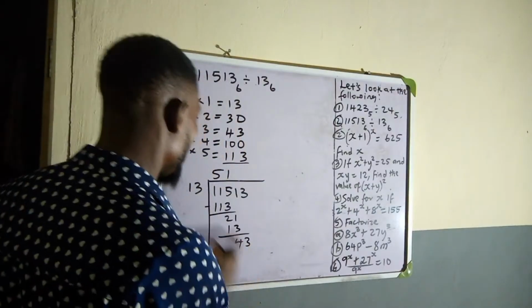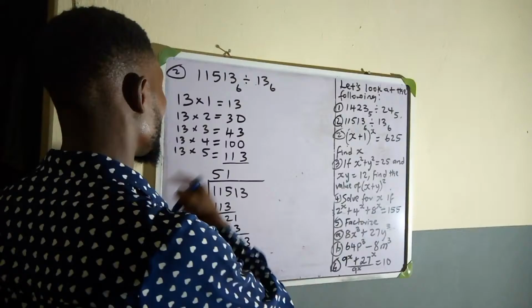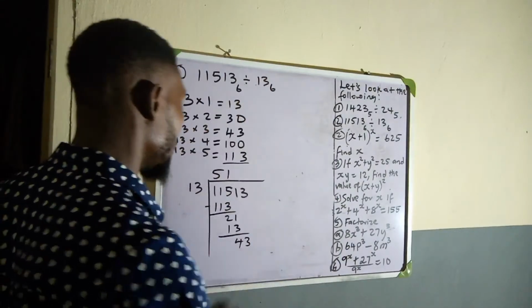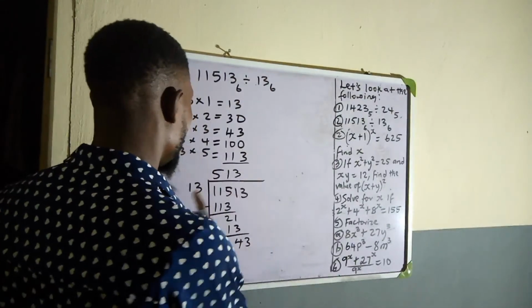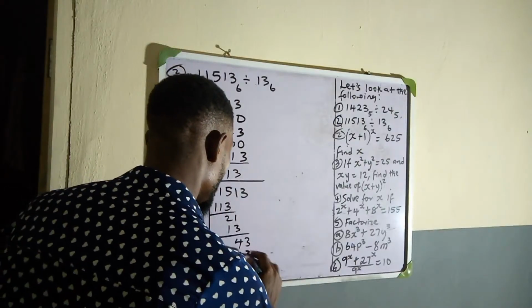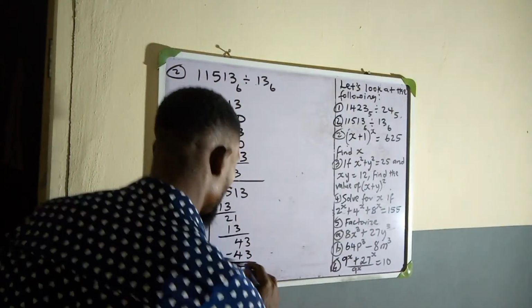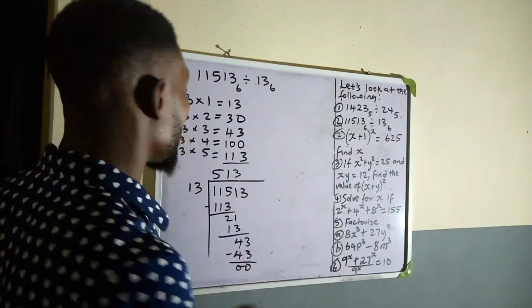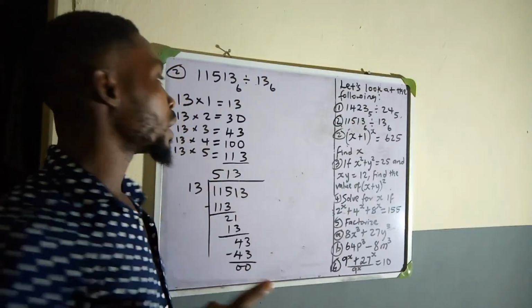If you divide 43 by 13, we go back to the table, you can see 13 times 3 is 43, and that means we have 3 here. If you subtract, you have 0, which indicates that our division is concluded.